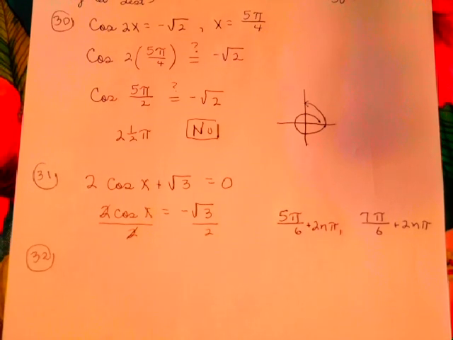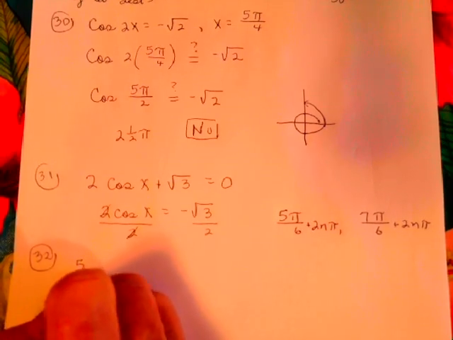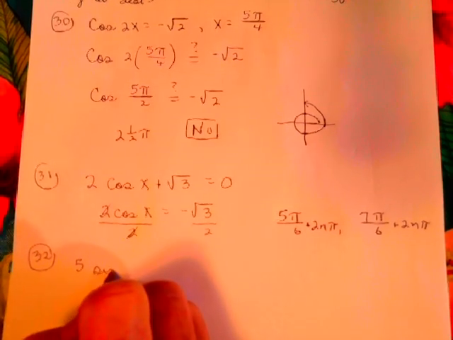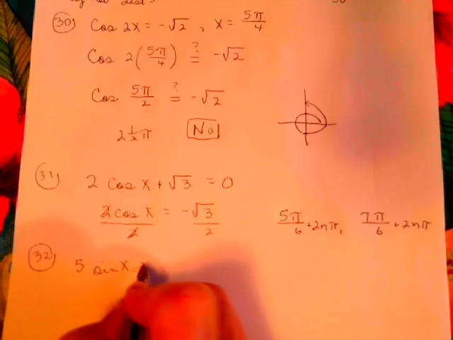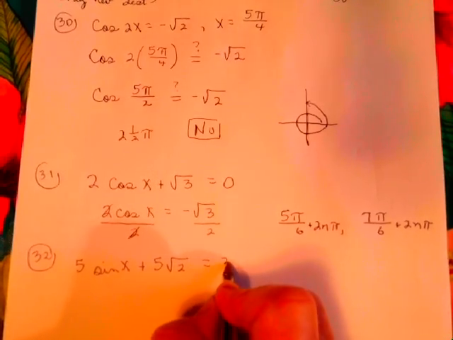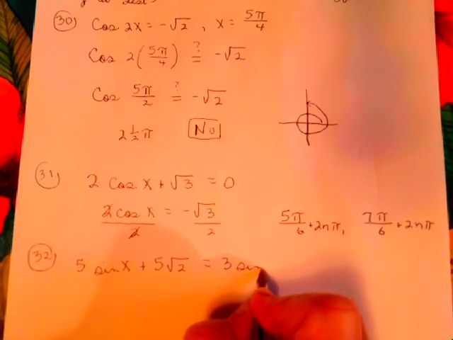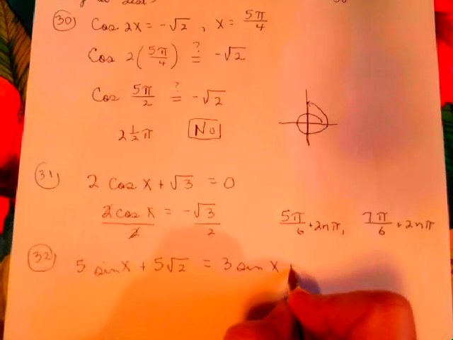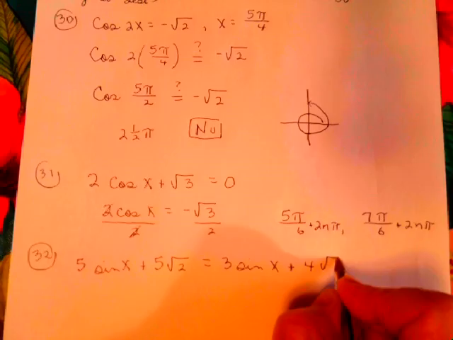Number 32. Solve 5 times the sine of x plus 5 times the square root of 2 equals 3 times the sine of x plus 4 times the square root of 2.